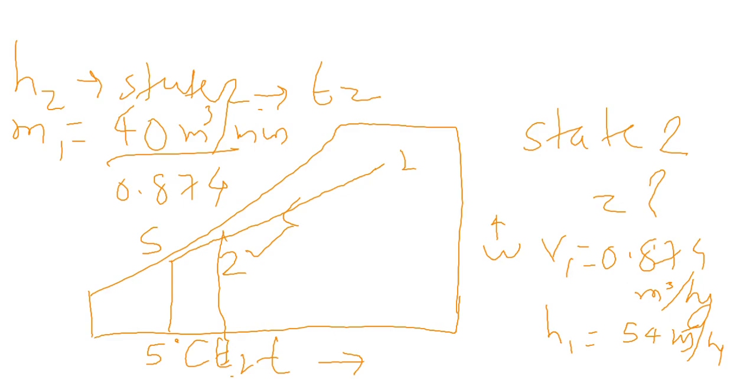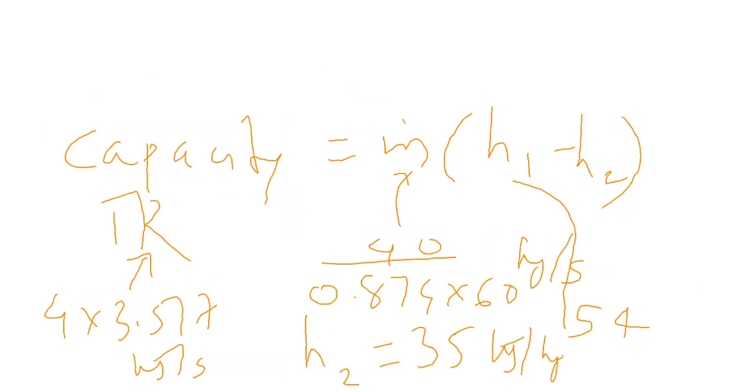So this is already drawn. Now, once you know the value of H2, you plot it over here and you get the location of state 2. And once you get the location of state 2, you can find T2. So this is how you obtain the leaving condition, the coil exit temperature T2.